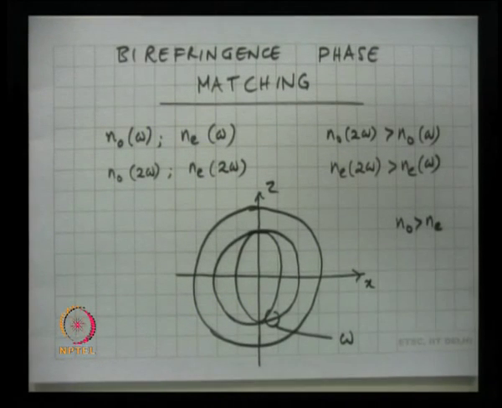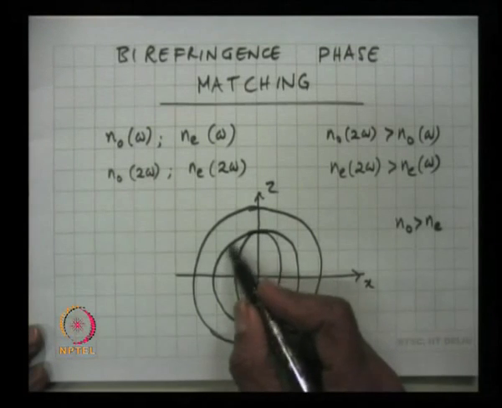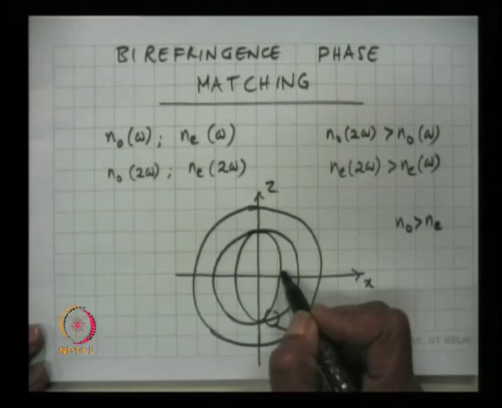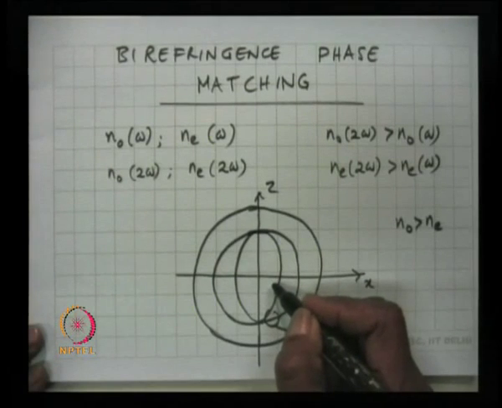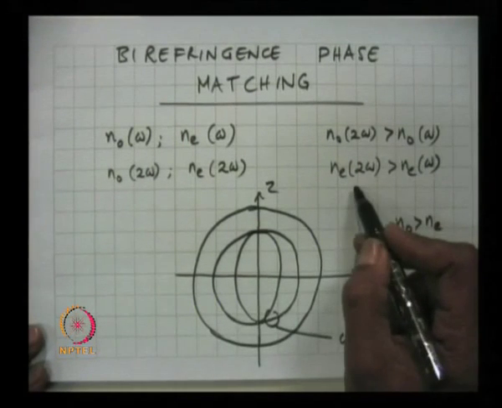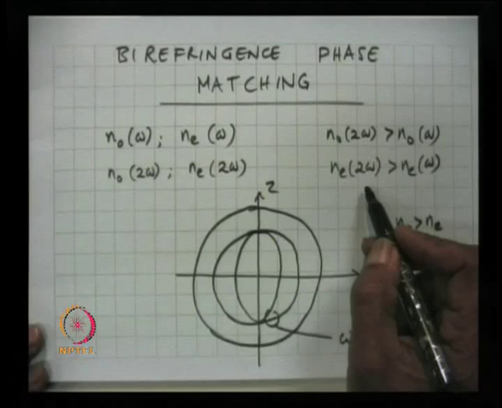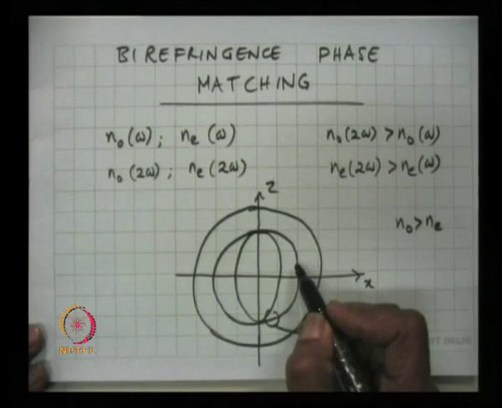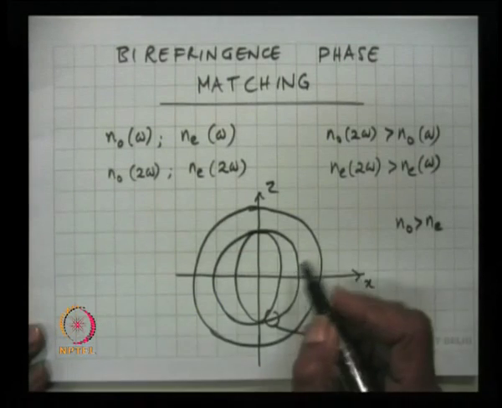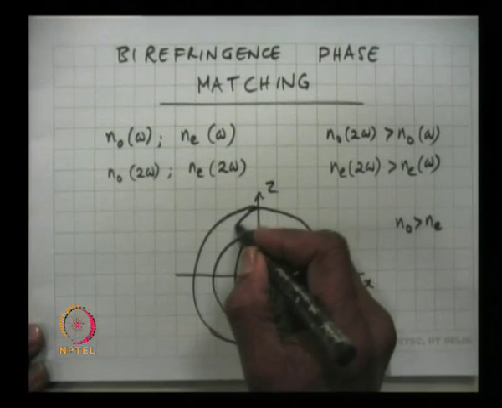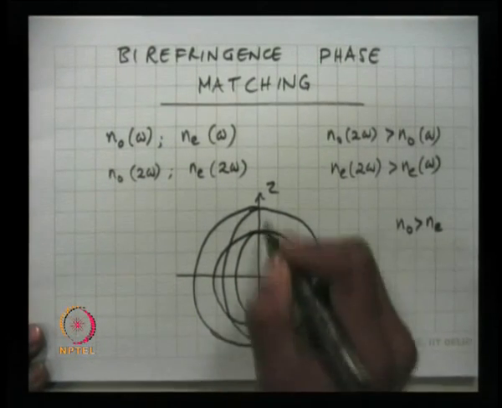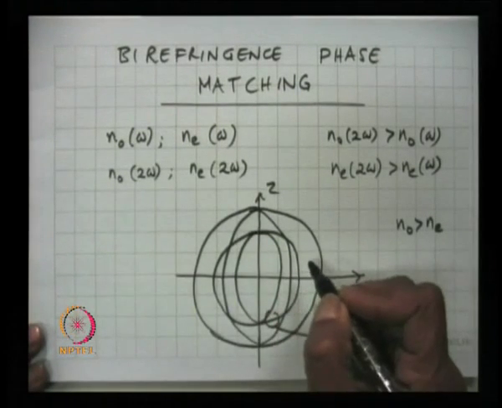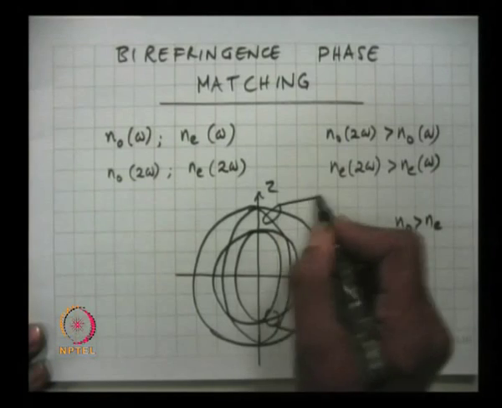The ellipse may intersect this circle. That ellipse cannot intersect this ellipse, because that ellipse has to lie outside this ellipse, because NE of omega is less than NE of 2 omega. But that ellipse could intersect the circle or may not intersect the circle. So suppose I take a situation where the ellipse intersects the circle. So these are for 2 omega.